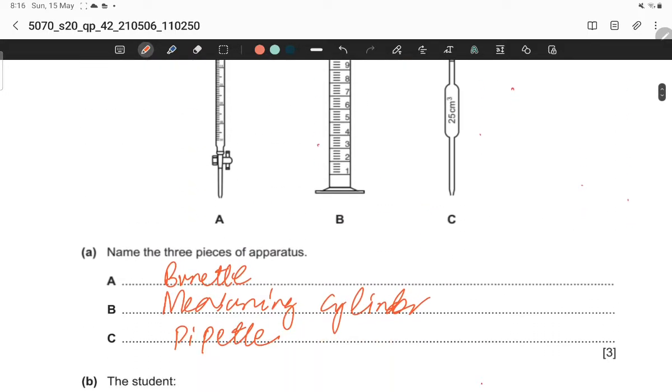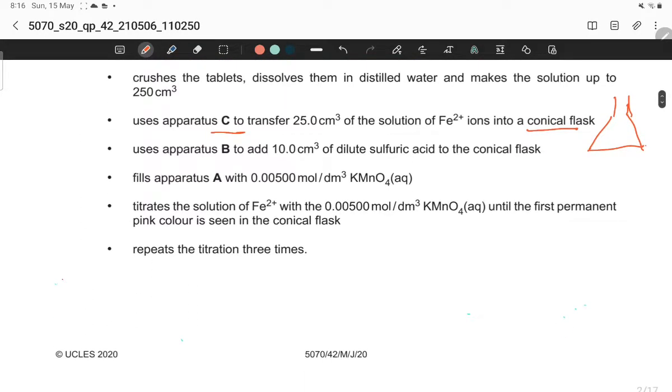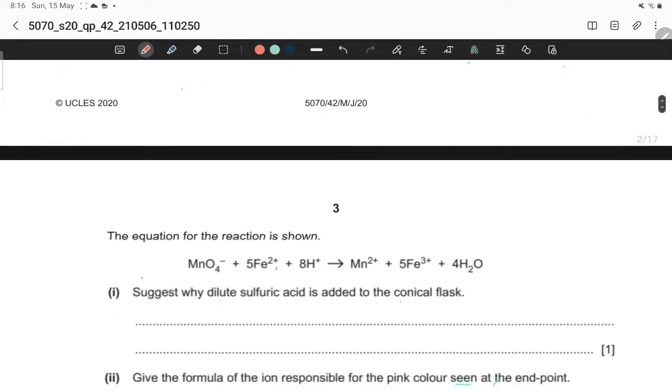A is the burette, so potassium manganate is filled up in the burette. Titrates the solution of iron 2 ions with 0.00500 mol per dm cube KMnO4 until the first permanent pink color is seen. This is the end point. Repeats the titration 3 times.